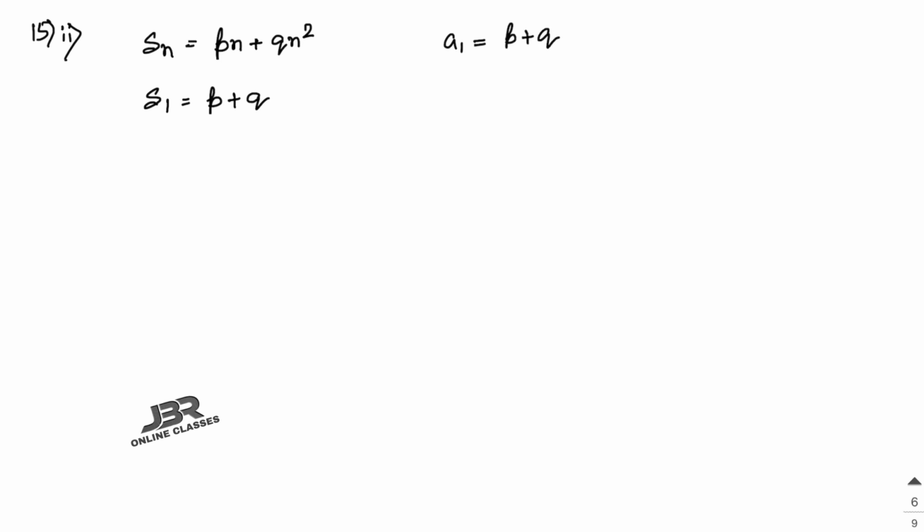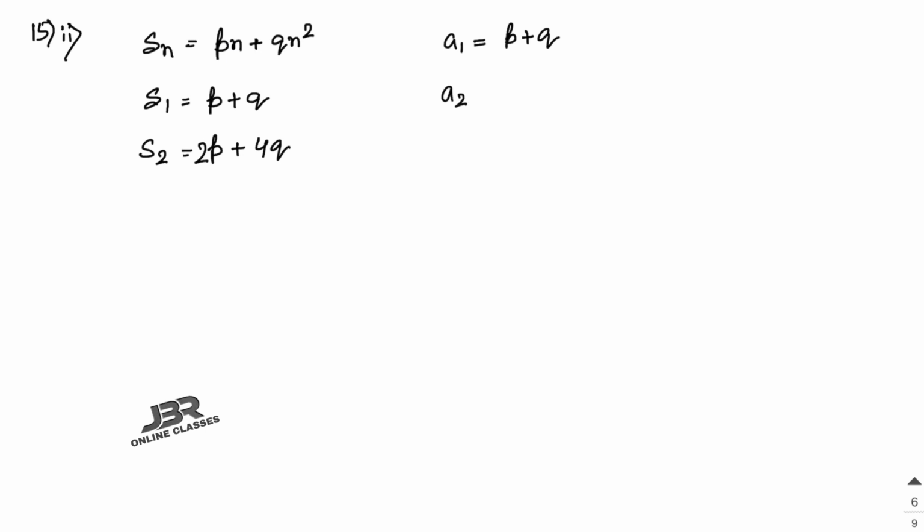As Sn equal to Pn plus Qn square, you can find the next one, that means S2. So S2 equal to 2P, in the place of n just put 2, plus 4Q. Okay, 2P plus 4Q.